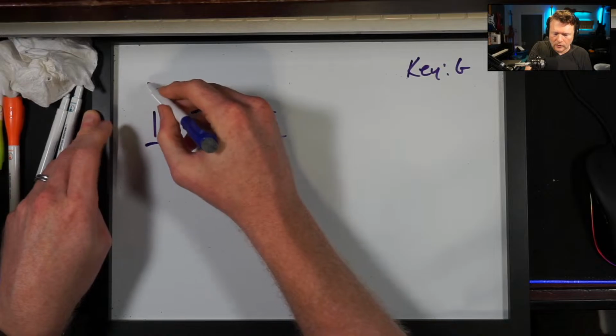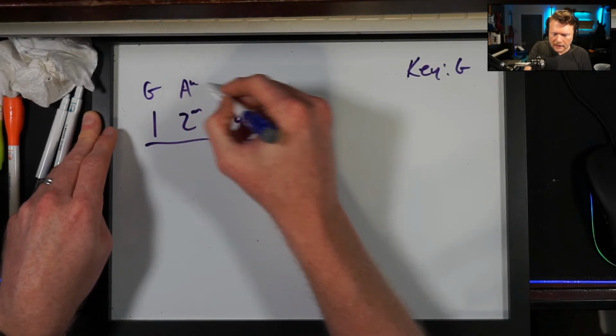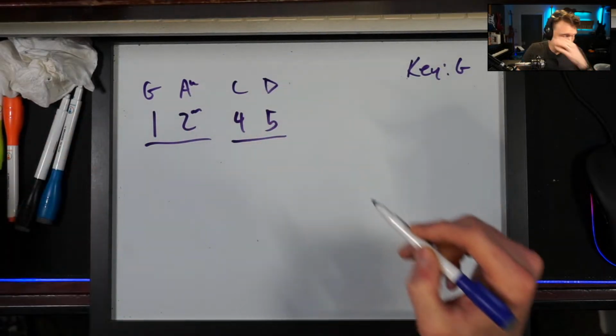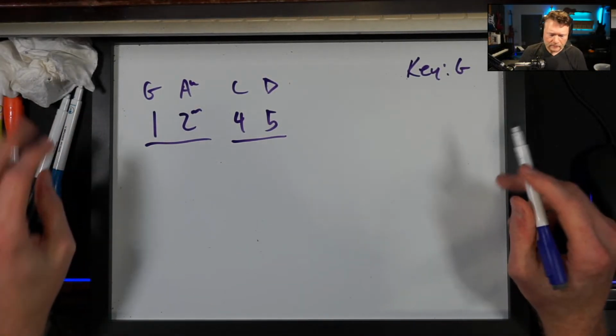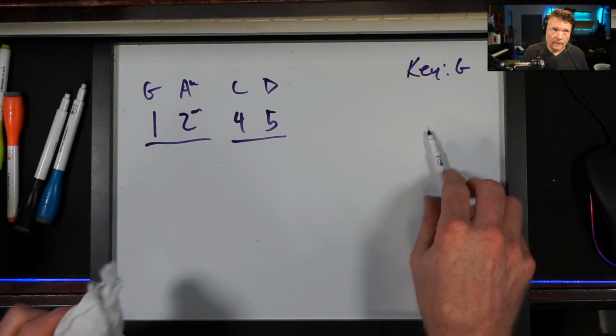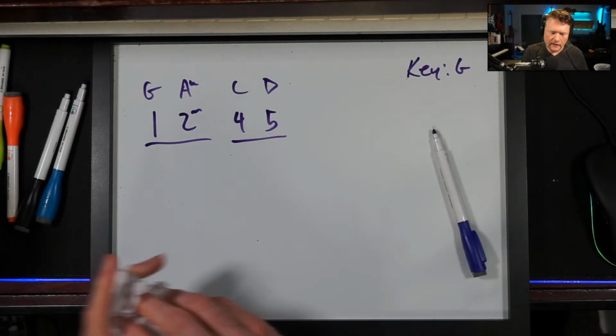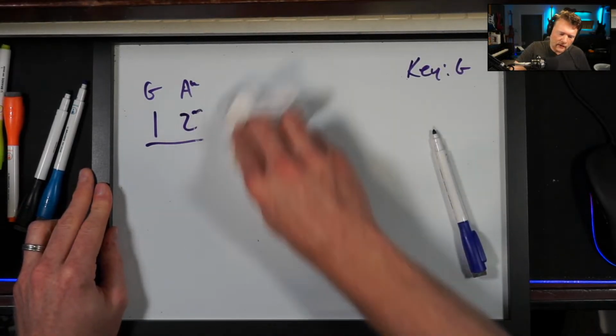These chords were G, A minor, C, D. And we've been learning this in music theory lessons, about why the 1 is the 1 and all that. Let's review.